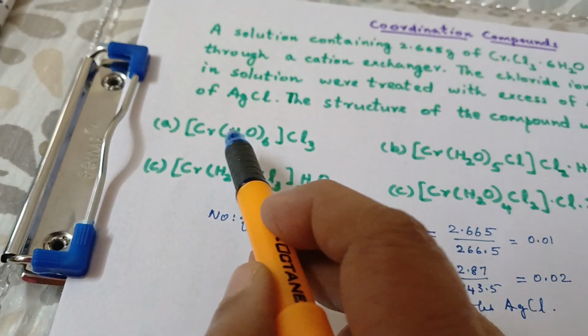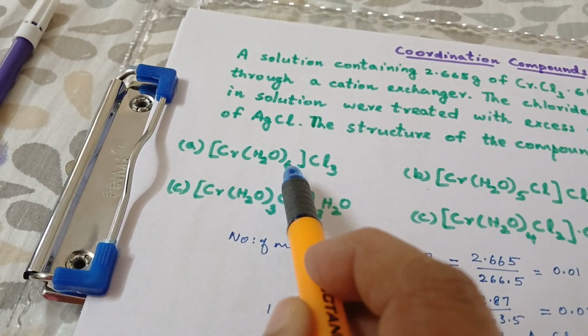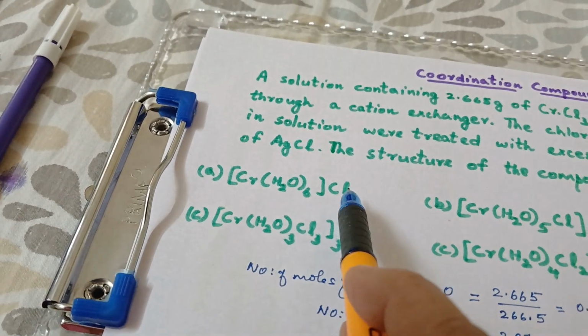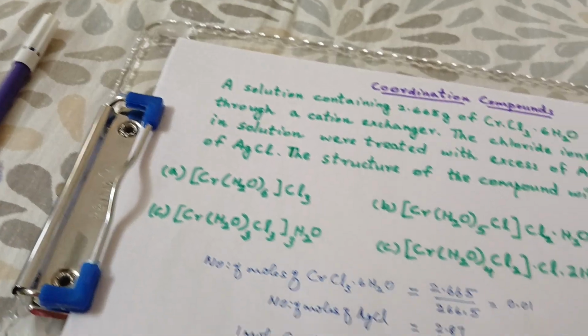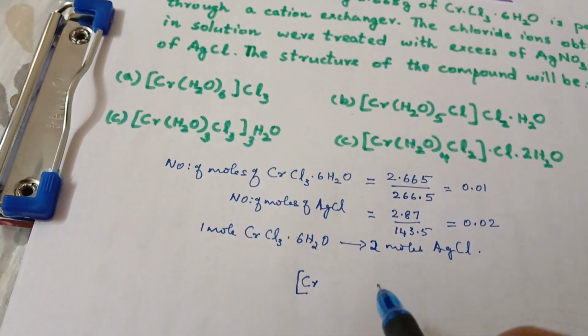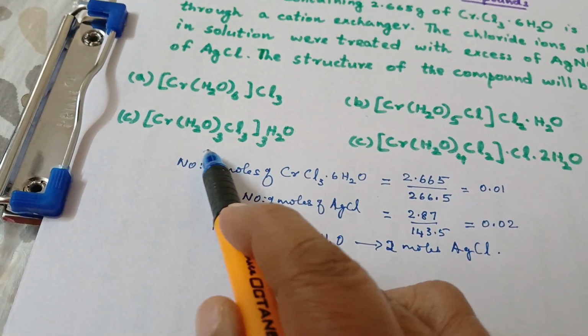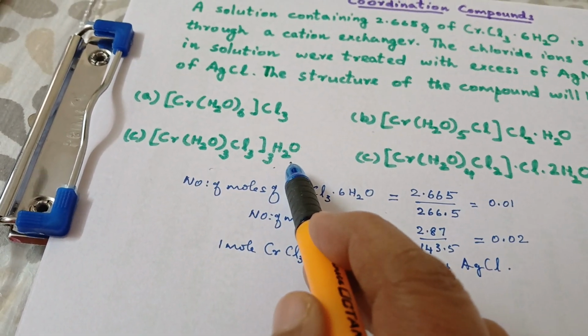Say here, chromium is having 6 ligands inside the coordination sphere, but 3 chloride ions are outside. So, if this was the structure, we would have got 3 moles of AgCl in the experiment. And here, no chloride ions are outside. So, this is also not the structure.